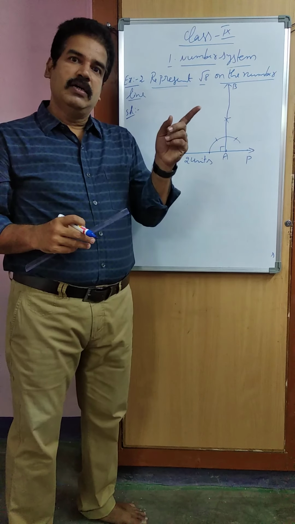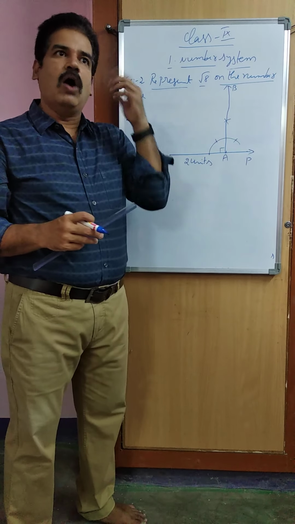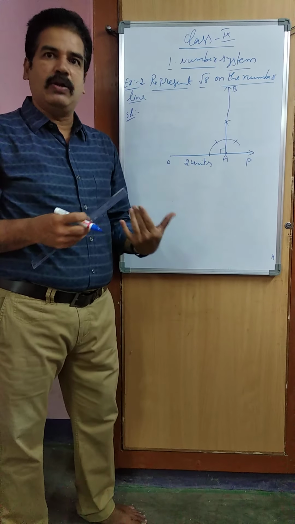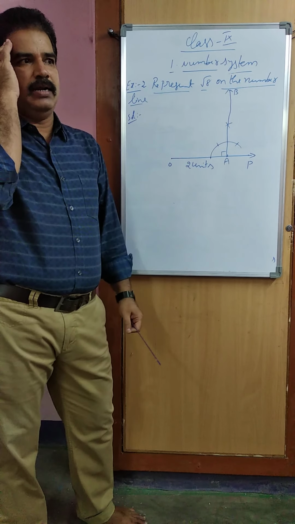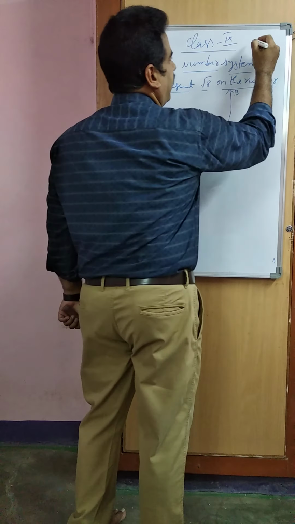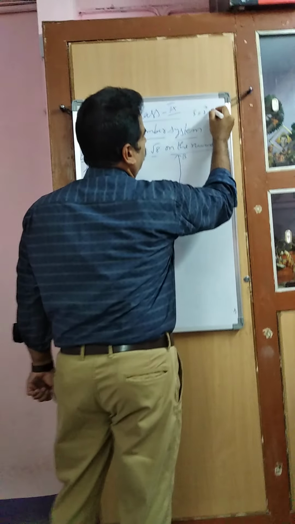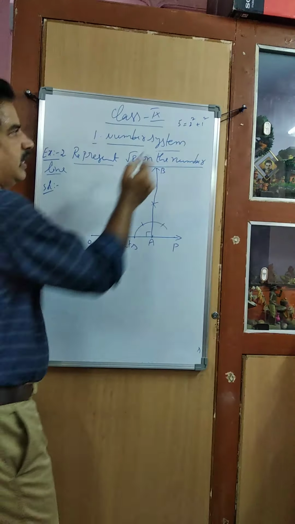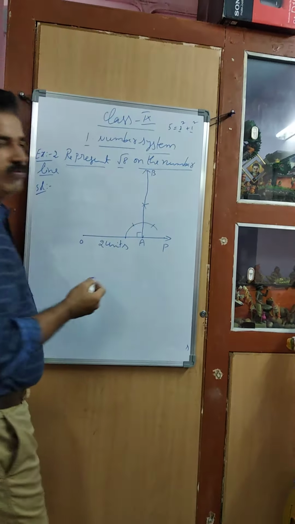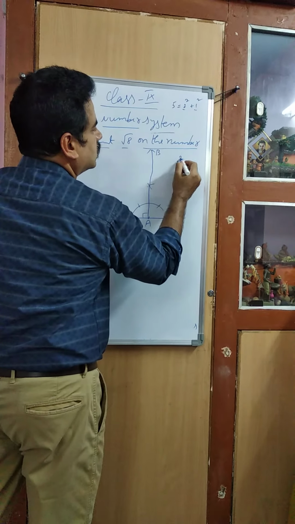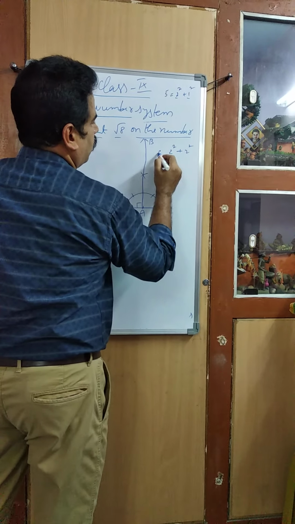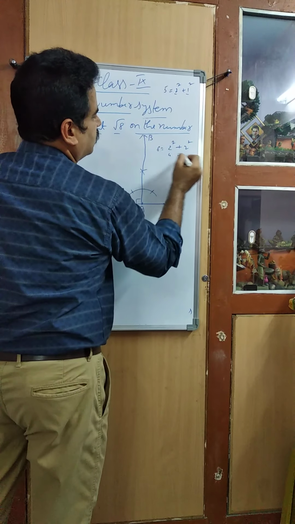For root 5, we took 1 unit here. Why did you take it? How do you know that, sir? We had 2 units, so just keep in mind the Pythagoras theorem. For the previous one, 5 equals 2 square plus 1 square. That's why I took base 2, height 1. Now for 8, it is 2 square plus 2 square. 2 square means 4, 4 plus 4 is 8.